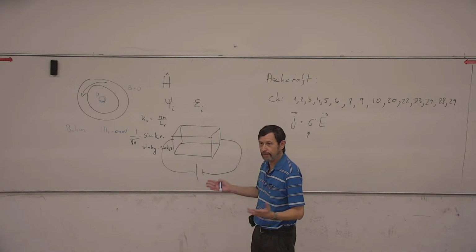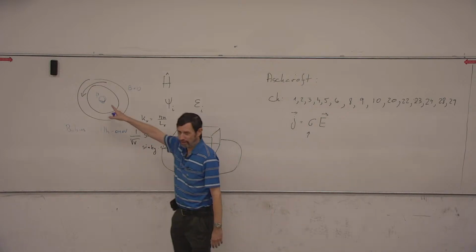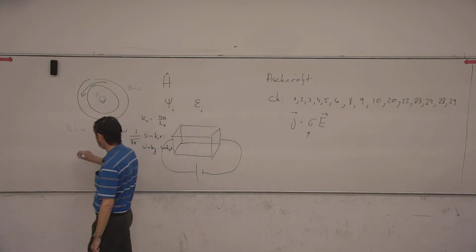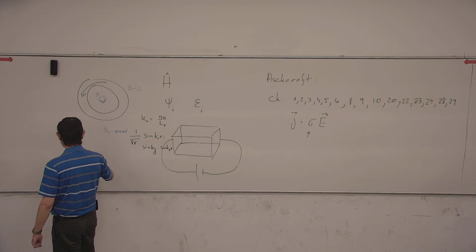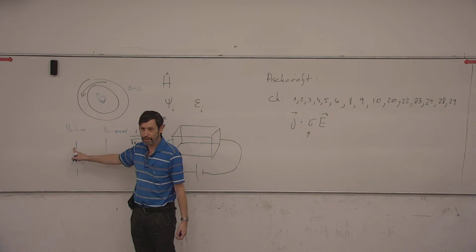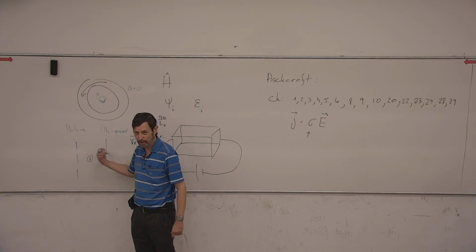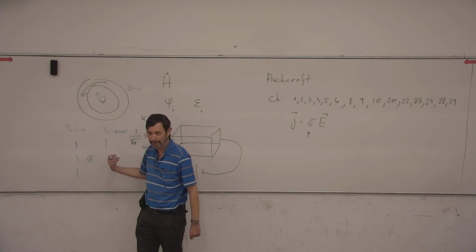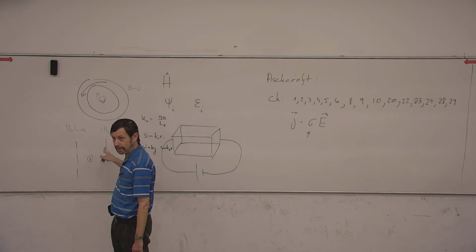To make life simple, well, actually they were not thinking about this problem, they were thinking about the classical two-slit experiment, and the question was, if I put a flux here, will the interference change?